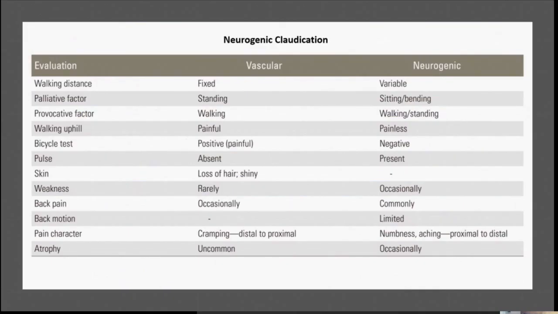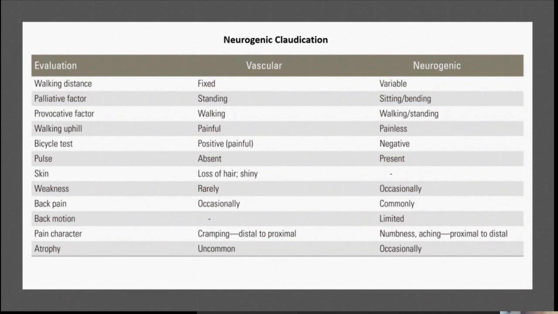Okay, we come to something called the neurogenic claudication. Most of you have seen claudication in your vascular rotation or general surgery rotation, like vascular claudication, which is typical for peripheral vascular diseases. The neurogenic claudication is usually due to lumbar canal stenosis. It is not the cervical spine.